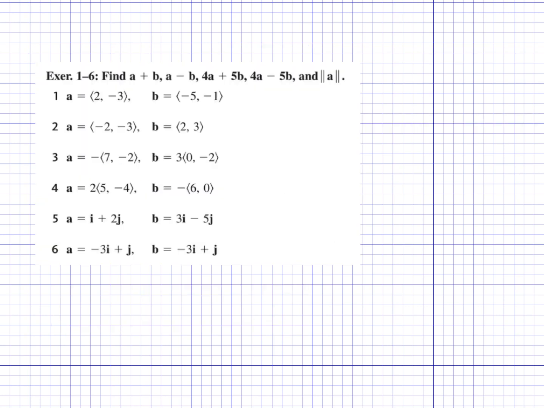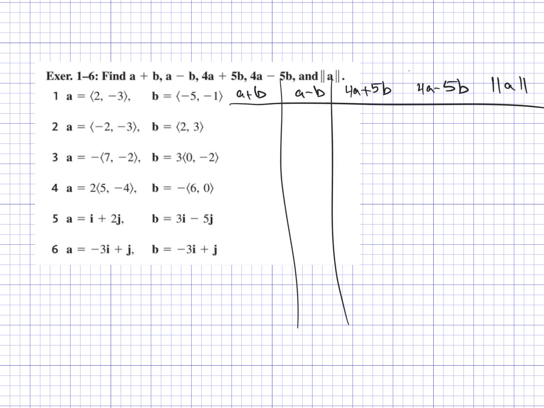All right, so each of these we've got to find a plus b, a minus b, 4a plus 5b, 4a minus 5b, and the magnitude. So we'll make a little chart here. All right, so a plus b, just add the things together.